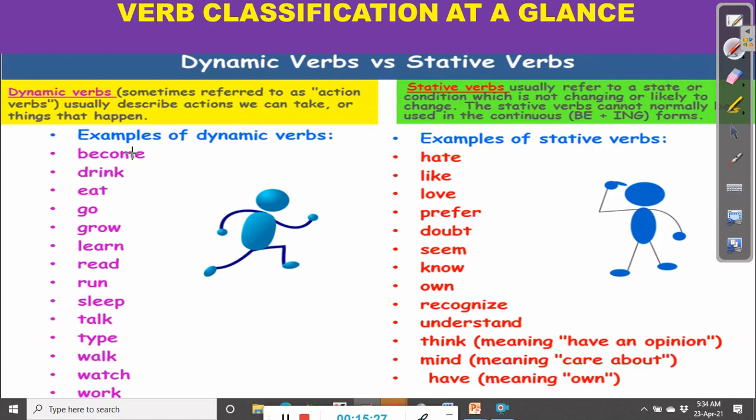And examples of dynamic verbs: become, drink, eat, go, grow, learn, lead, run, sleep, talk, type, walk, watch, work. These are dynamic verbs. They describe action. All right. Then stative verbs usually refer to a state or condition which is not changing or likely to change. That's why it's called stative.